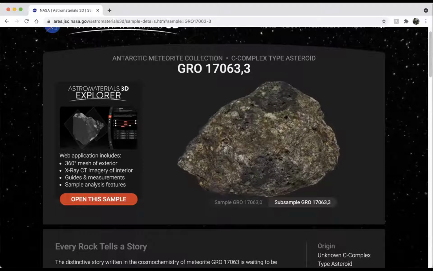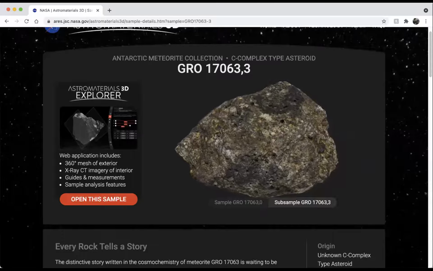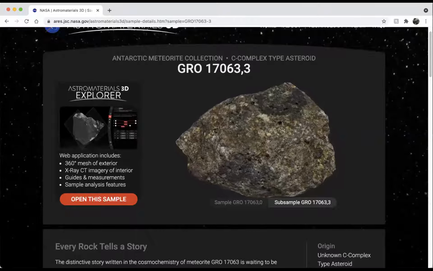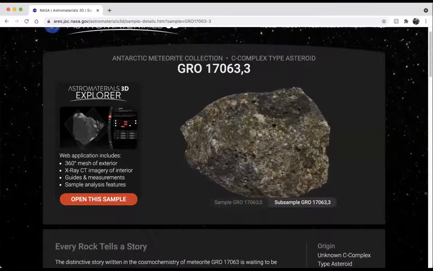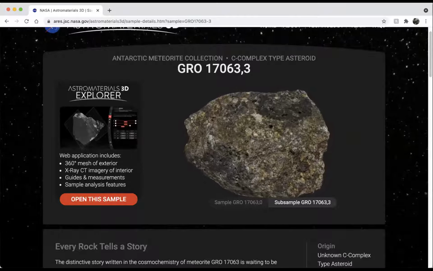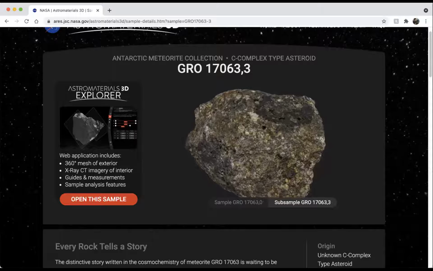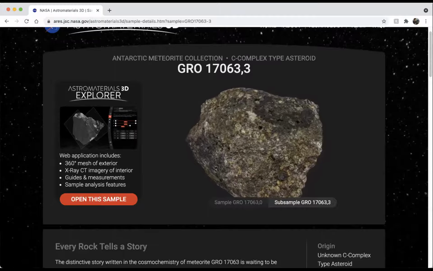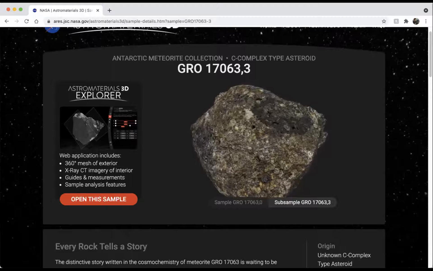With all the stories that this rock still holds within its composition, this remarkable meteorite could yet reveal new details about the pre-solar environment, the formation timeline and processes of the early solar system, and perhaps even new insight into the prebiotic material that contributed to the origin of life.